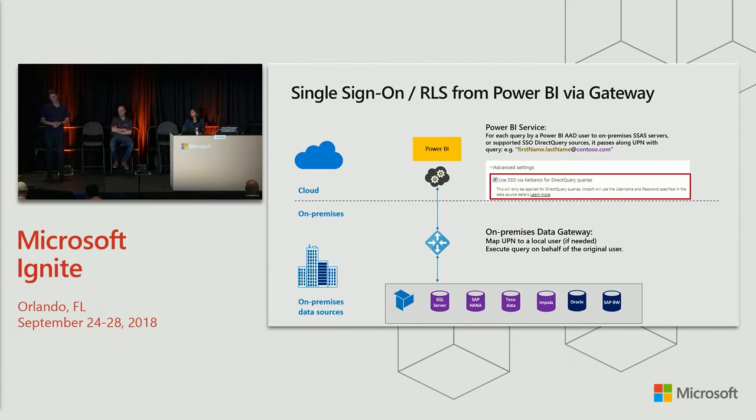Then Teradata, Impala, and then Oracle and SAP BW are things that we have in private previews right now. So if you're configuring your environments already for single sign-on with Kerberos for Oracle or SAP BW, you're welcome to talk to us afterwards and explore the private preview as well.